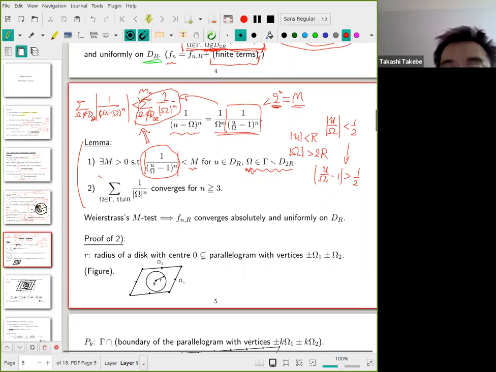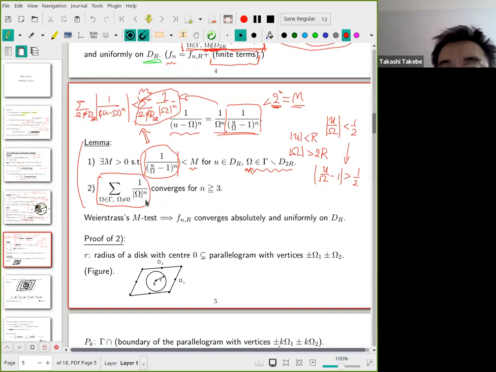And later we prove that this sum converges. Actually, this sum is larger than this sum, but it doesn't matter.